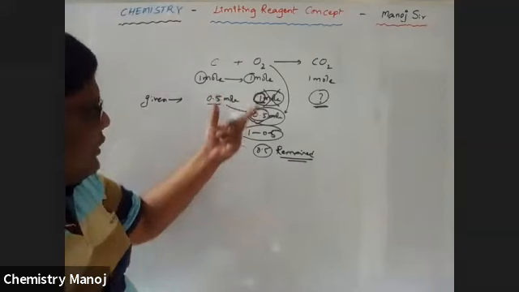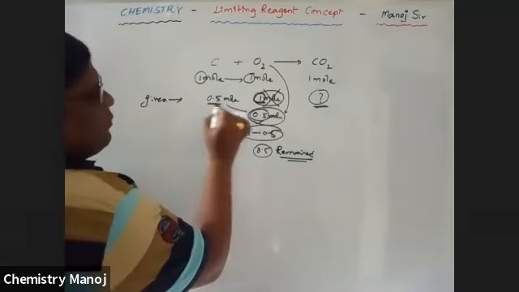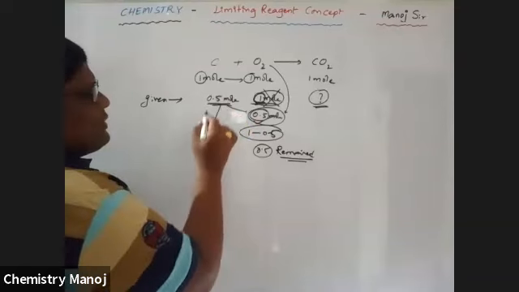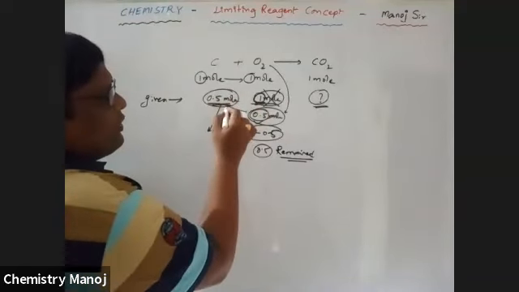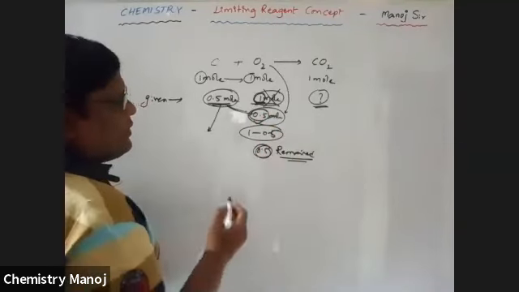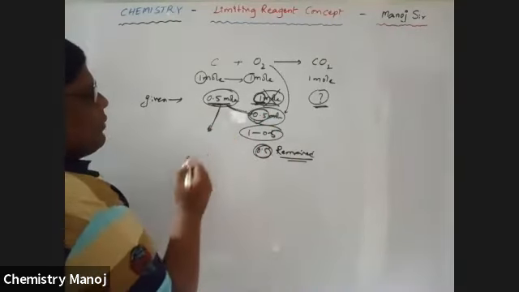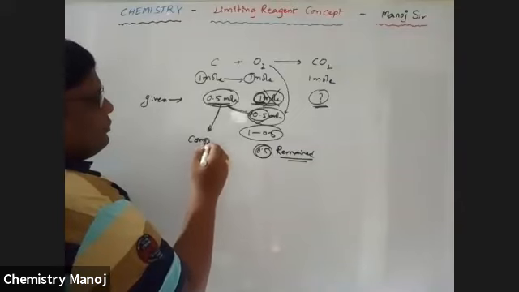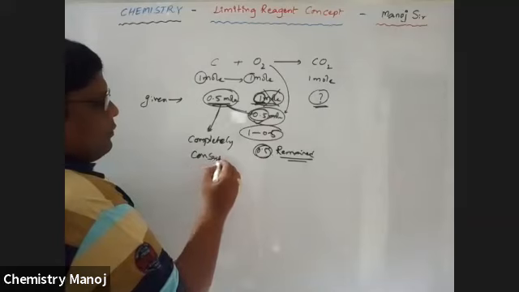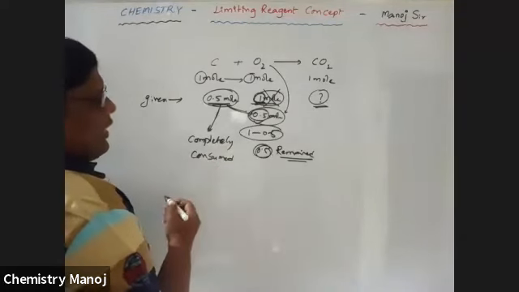That means among carbon and oxygen, carbon is completely consumed, because 0.5 mole is completely consumed with 0.5 mole. So the remaining 0.5 mole of oxygen remained. So that is the carbon which is completely consumed, completely involved in the reaction.